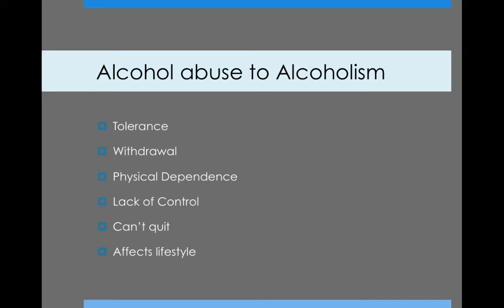Physical dependence ties into this as well because the body becomes adjusted to a certain amount of alcohol, again with the tolerance, and in order for the person to feel like they can function at a normal level, they will need the alcohol because they don't want to suffer from the withdrawal symptoms like insomnia, sweatiness, nausea, things like that, that we will discuss further on.